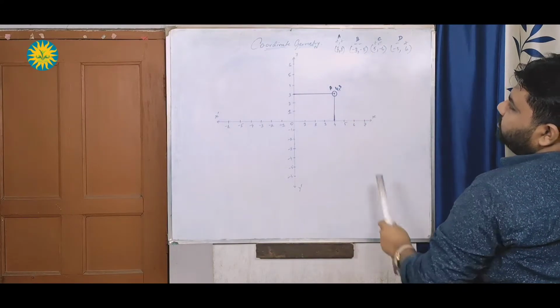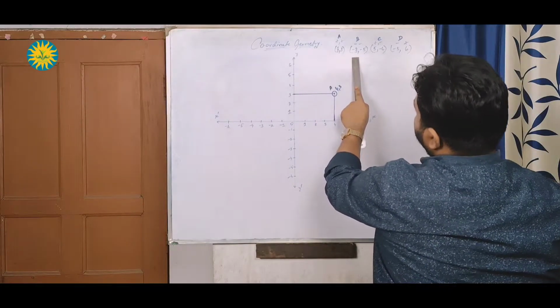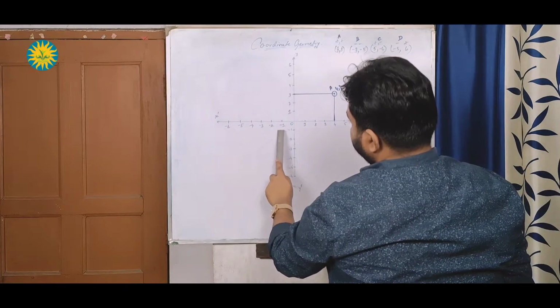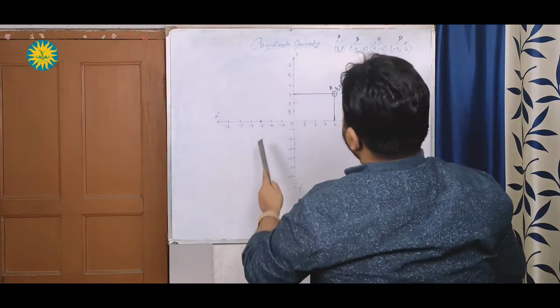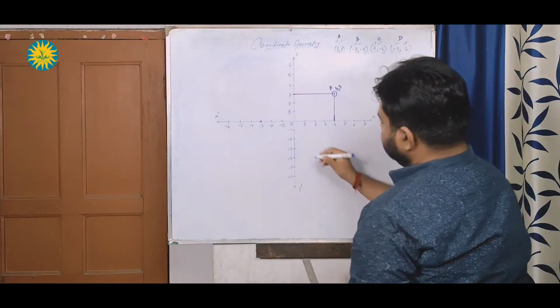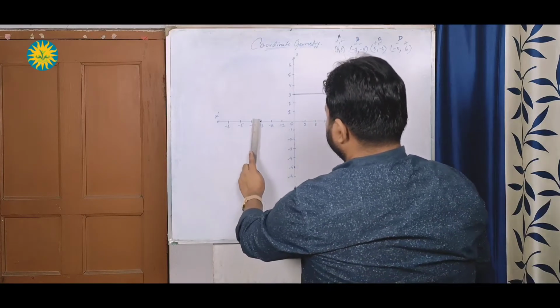Minus 3 comma minus 5 means the third quadrant. See, the x coordinate is minus 3: minus 1, minus 2 and minus 3. And the y coordinate is minus 5: minus 1, minus 2, minus 3, minus 4, minus 5. Now just join the 2 points.